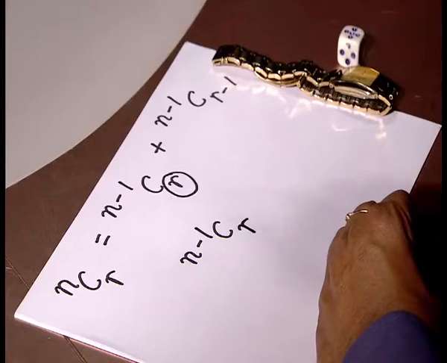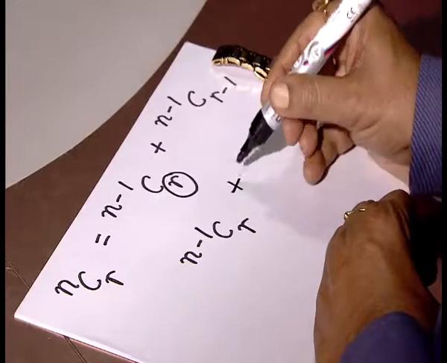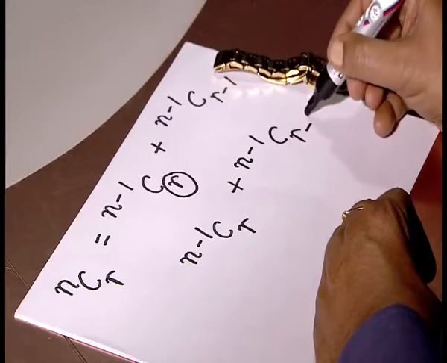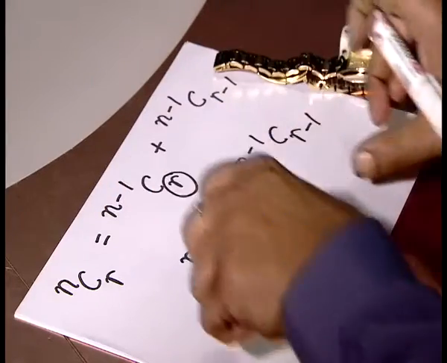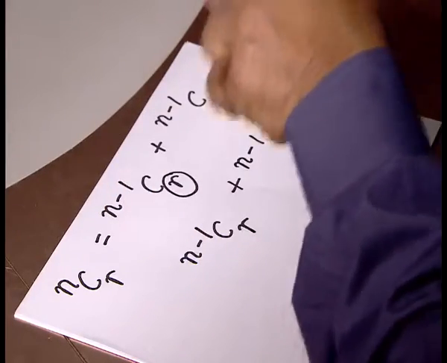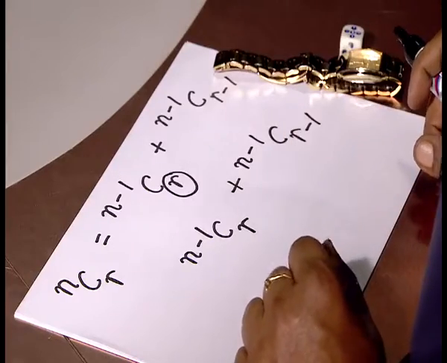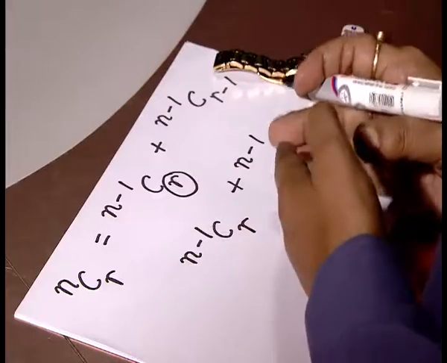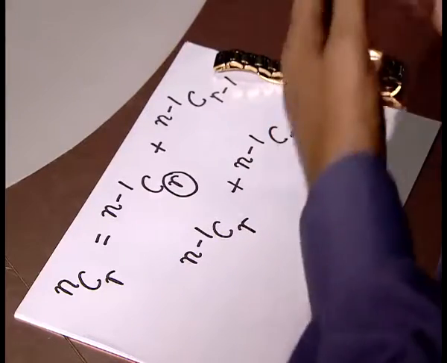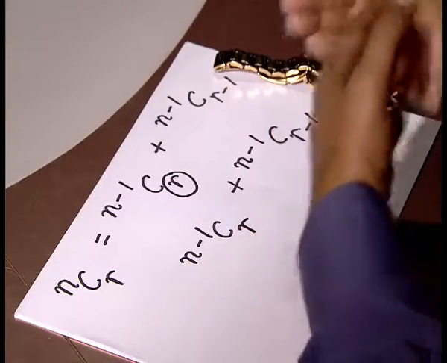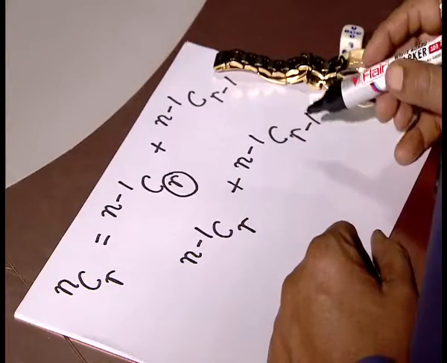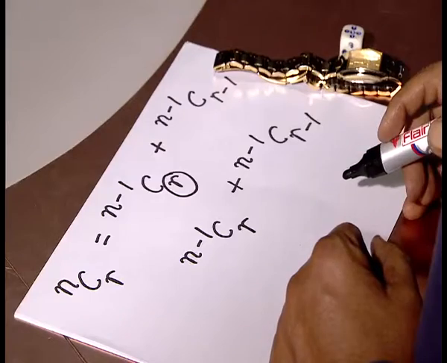So, what remains are those n minus 1 things, and therefore, the next term would be n minus 1 C r minus 1. So, this can be proved by working out several algebraic steps, but without going into algebraic steps, just by way of reasoning you can arrive at the result, a very fundamental and important result, that nCr is equal to n minus 1 Cr plus n minus 1 C r minus 1.